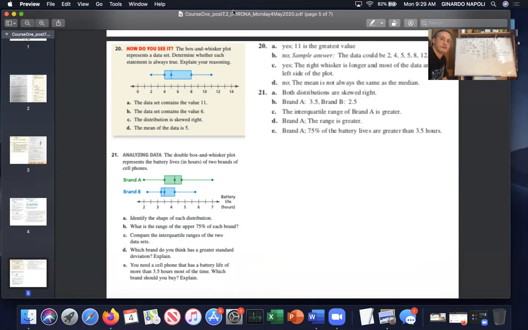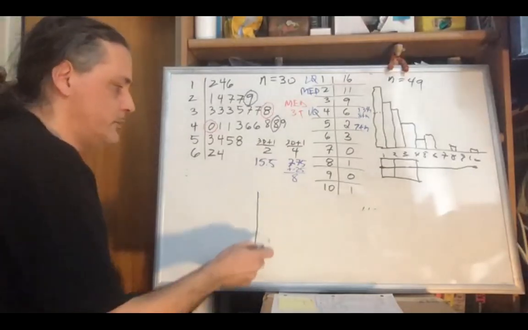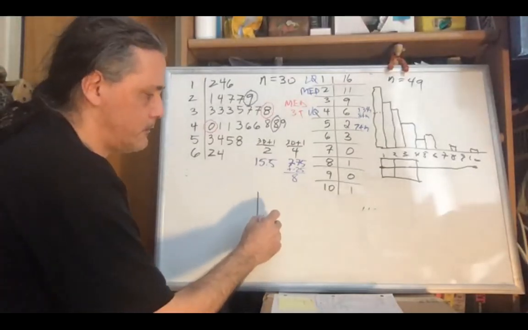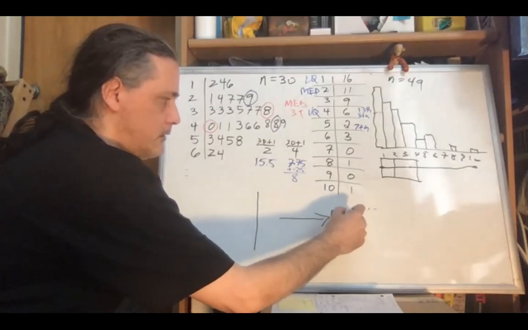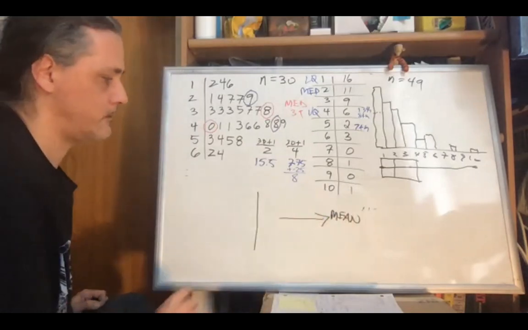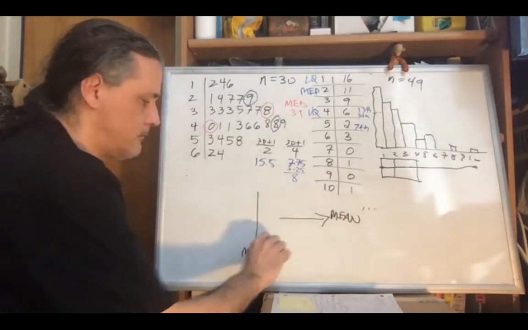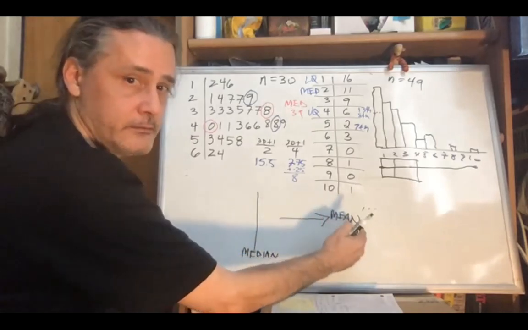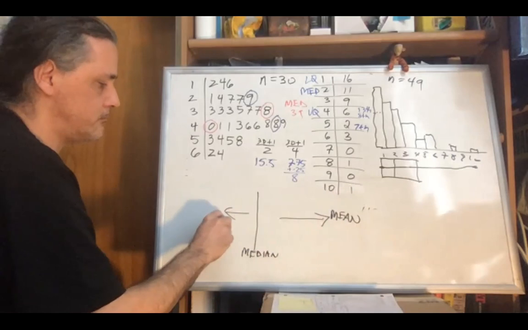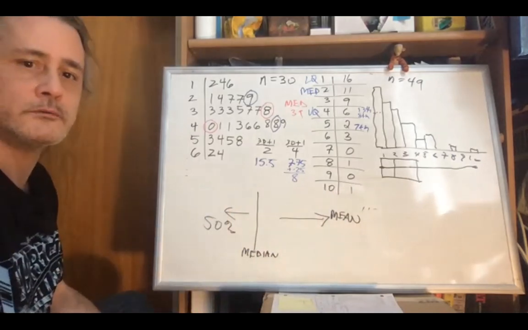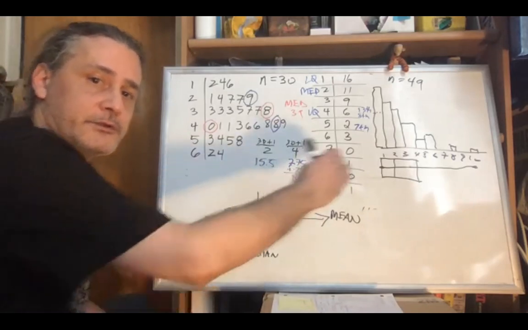All right, when you have skew, the mean is going to pull this way if it's right skew. So if the mean pulls to the right of the median, well, there's 50% of the data to the left of the median, and there's 50% of the data to the right of the median.